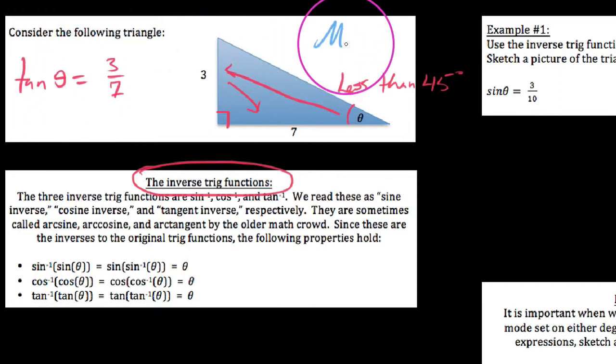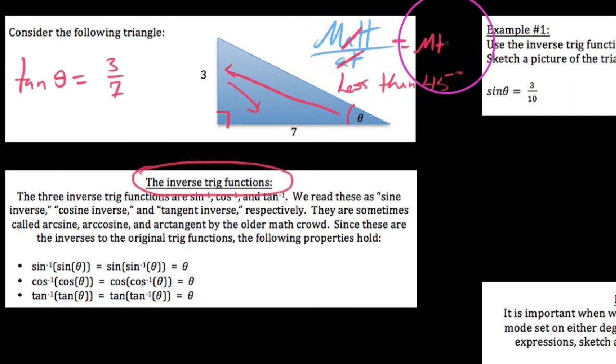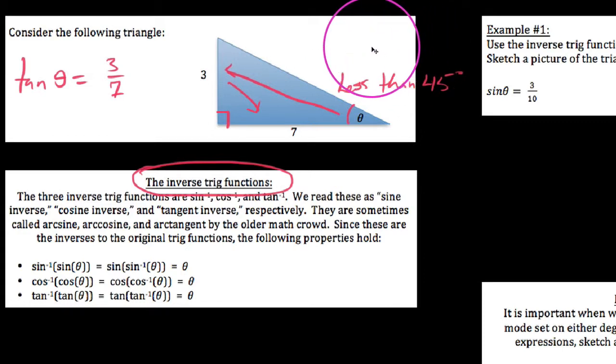It would be just like saying mat divided by AT, the AT's cancel out and you're left with just MT, which also makes no sense. So we have to have something designed to undo the tangent function, and we do. We refer to it as tangent inverse.